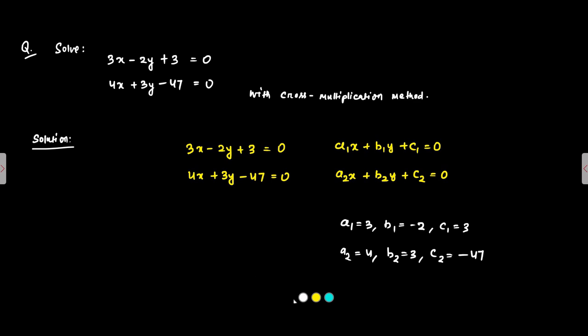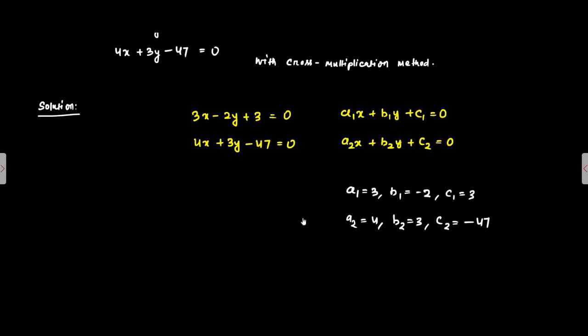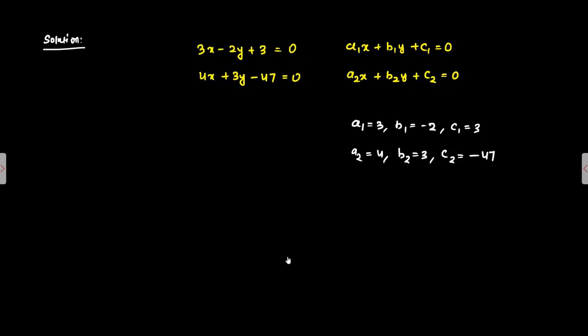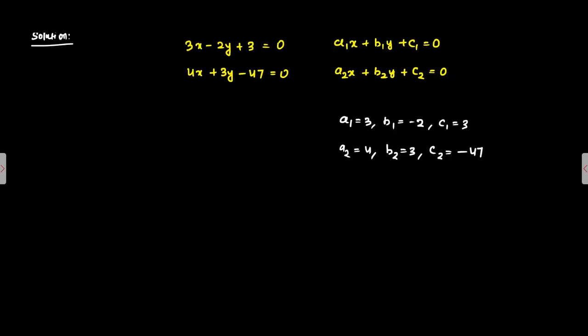So here we'll go with the direct formula approach. Previously we did it with the cross multiplication approach. In each solution I'm going with an alternate approach, so you are familiar with both.